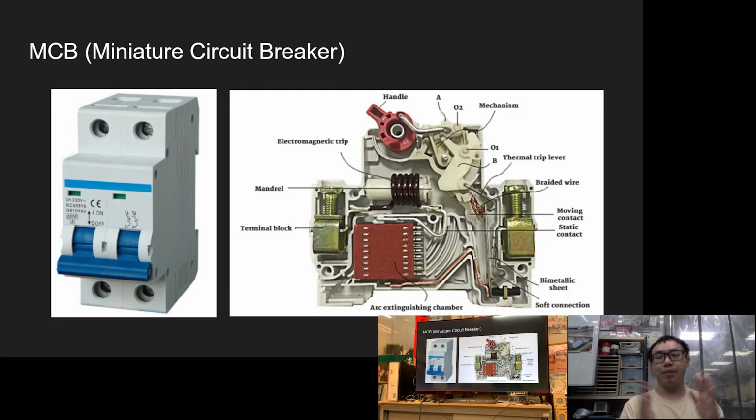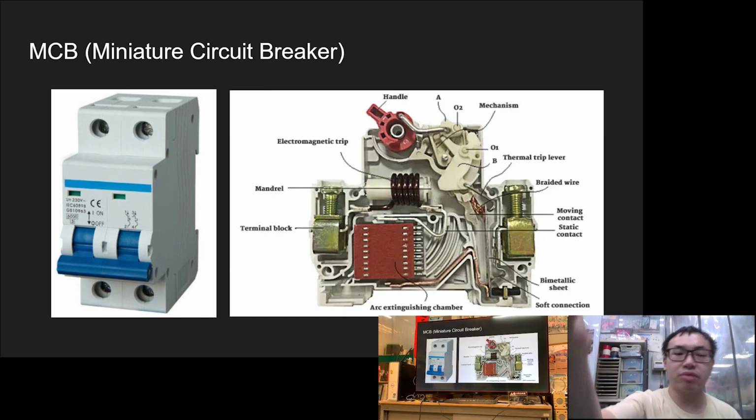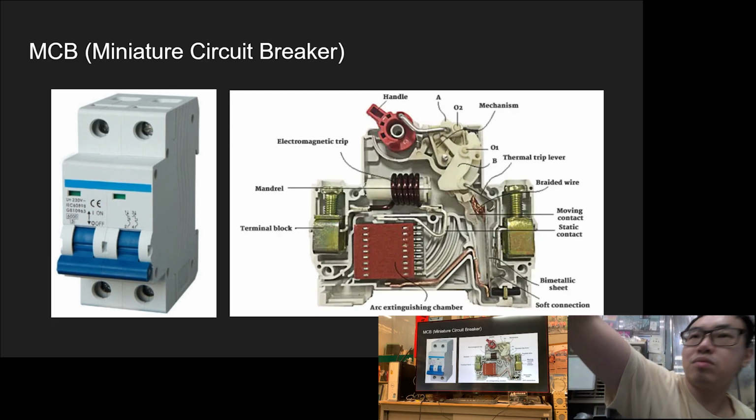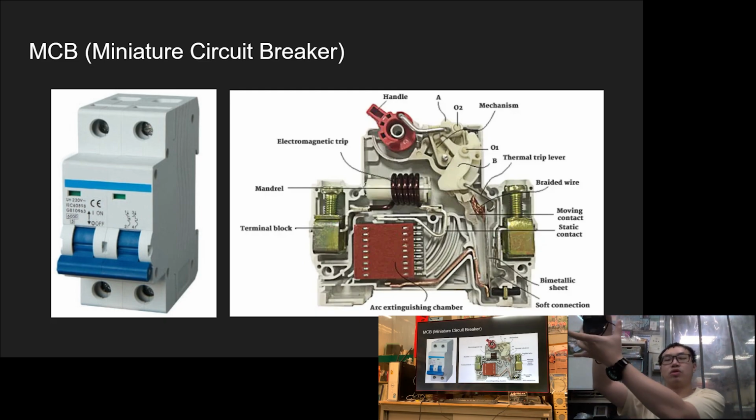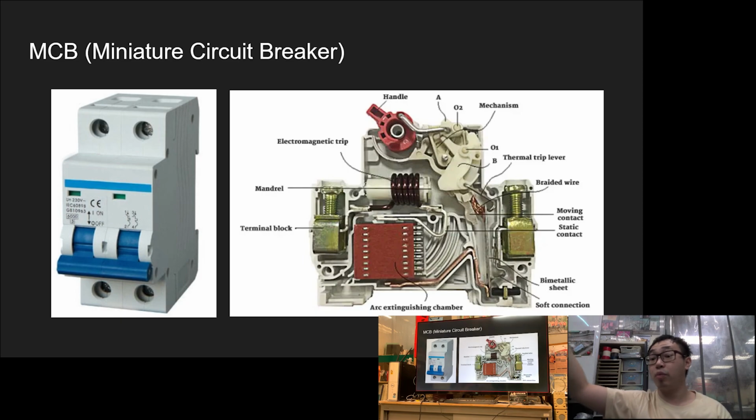Compared to an MCB, we have very large circuit breakers, like for a transmission line or a step down station. That kind of circuit breaker is on a much larger scale and different from this one. This one is just a smaller one, about the size of a mouse. The circuit breaker in your home is very small.